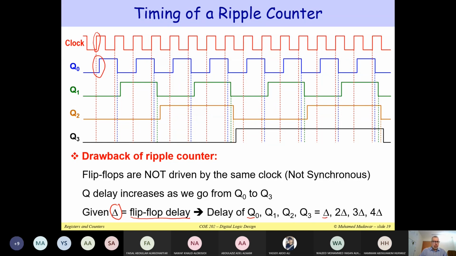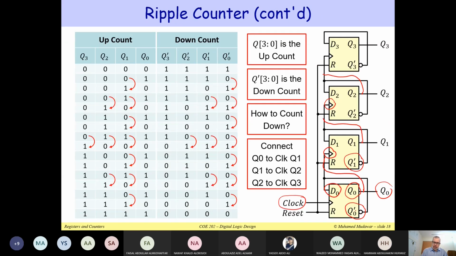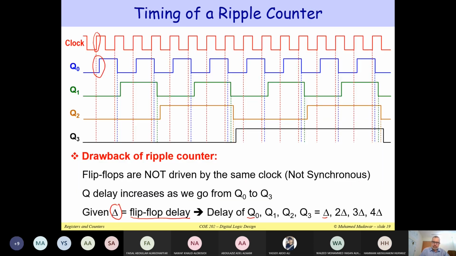Now, because we are using Q0 prime in the previous slides, Q0 and Q0 prime are delayed. Because we are connecting Q0 prime to the clock input of the next flip-flop, we have to wait for the falling edge of Q0.